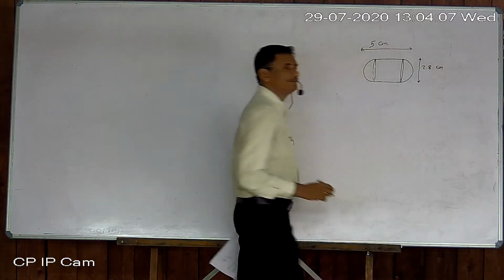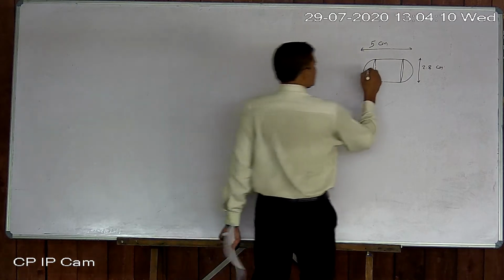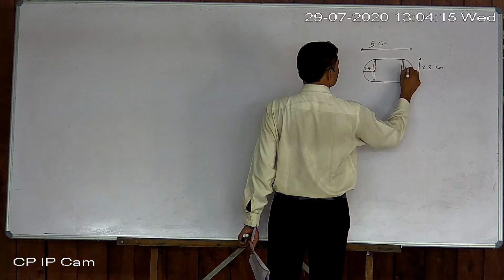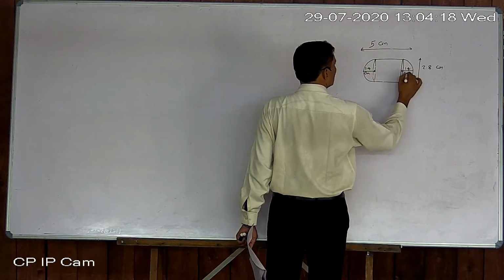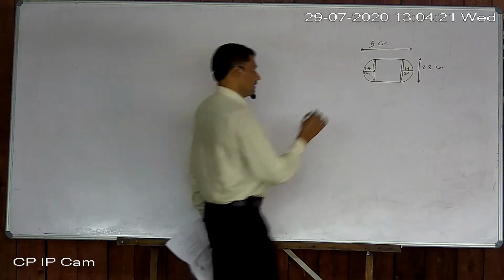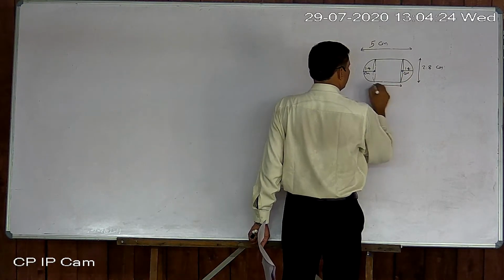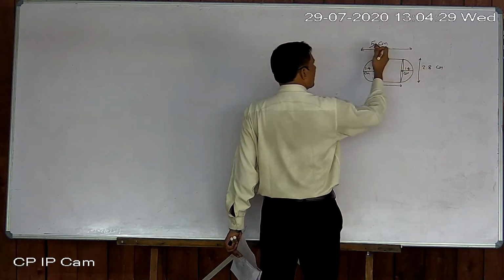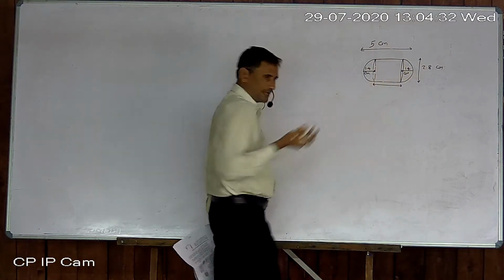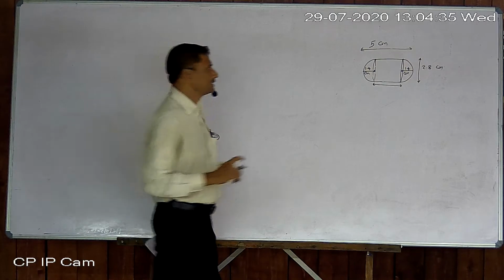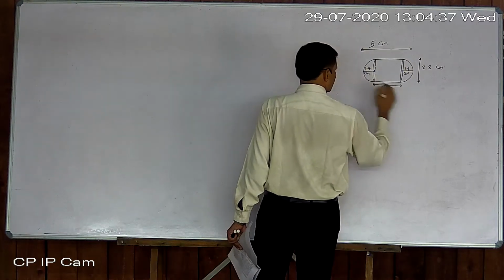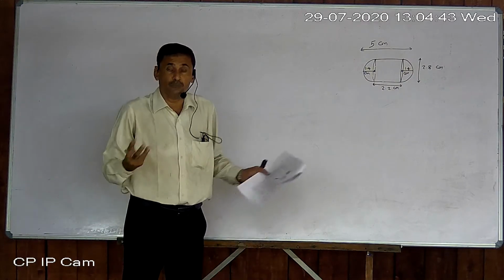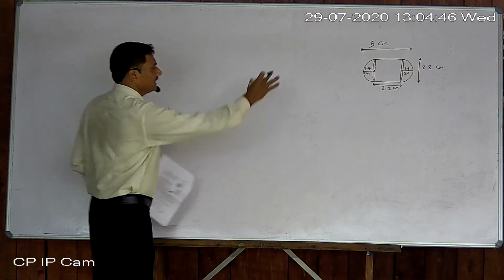Obviously, the radius will be 1.4 centimeters, and this is also 1.4 centimeters. Very simple, half of the diameter. So you can find the height or length of the cylinder also. Obviously it will be 5 minus 1.4 two times, means 5 minus 2.8, so obviously it will be 2.2. We have to show in written form where the 2.2 came from.